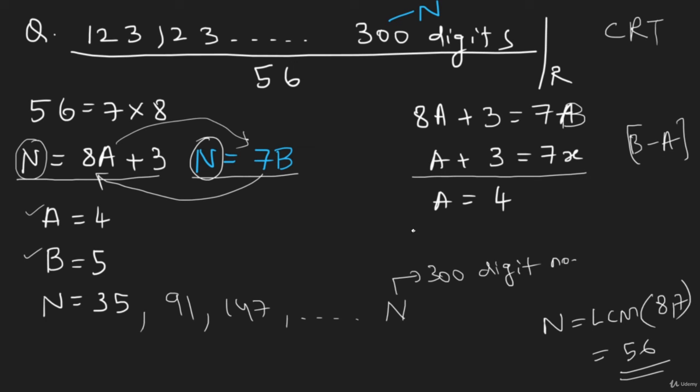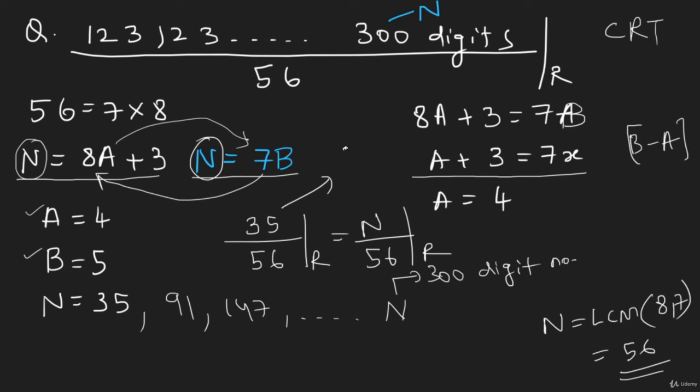Okay, and as per the constant remainder condition in an arithmetic progression, we know that if we divide 35 with the common difference and if we divide n with the common difference, the remainder will be the same. Therefore 35 divided by 56, 56 is the common difference, remainder is the same as n divided by 56 remainder, which is what we need to find out, and this over here is equal to 35, which is our answer.